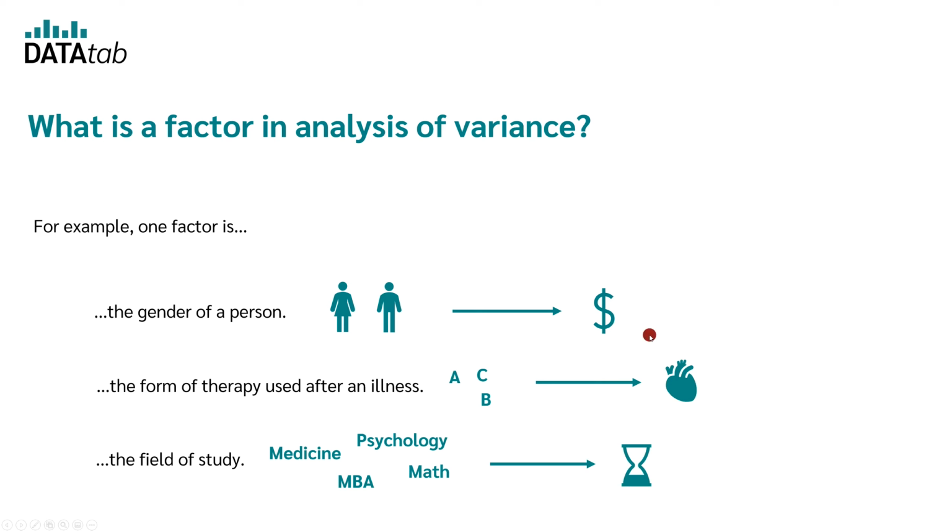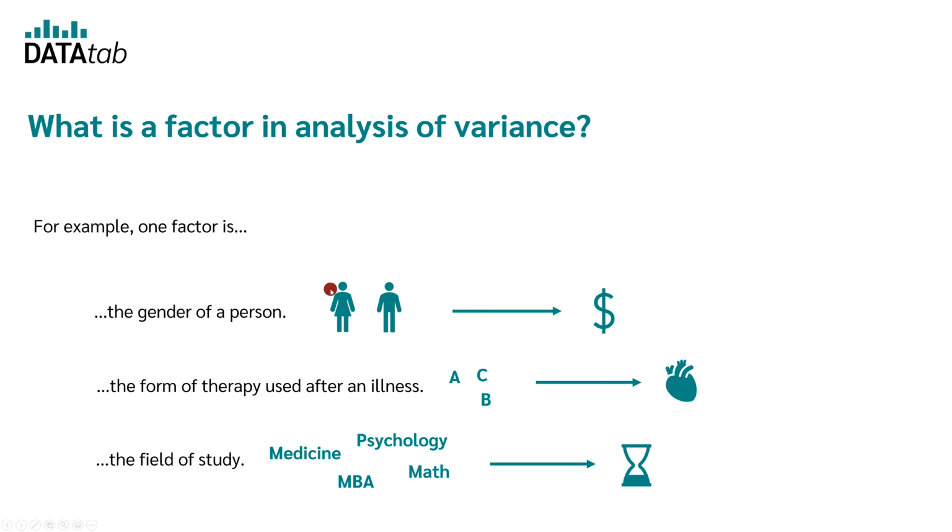Salary, blood pressure, and study duration are then the dependent variables. In all these cases, you can now check whether the factor has an influence on the dependent variable. Since you only have one factor in these cases, you could use a single factor analysis of variance.